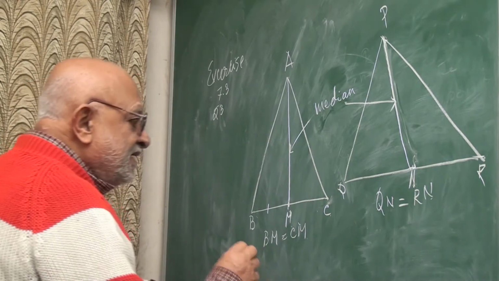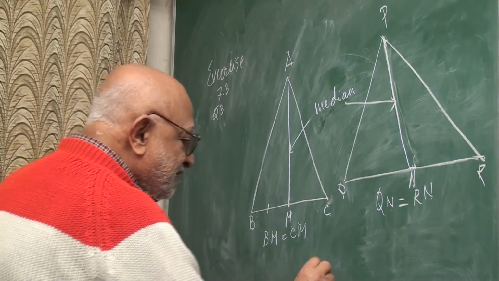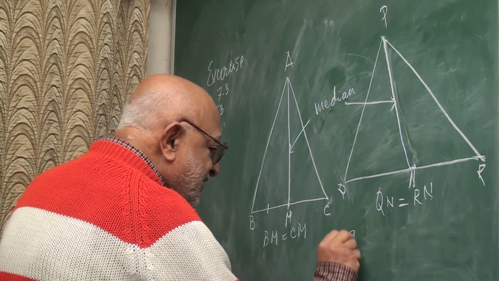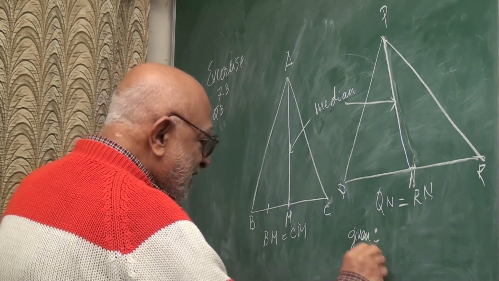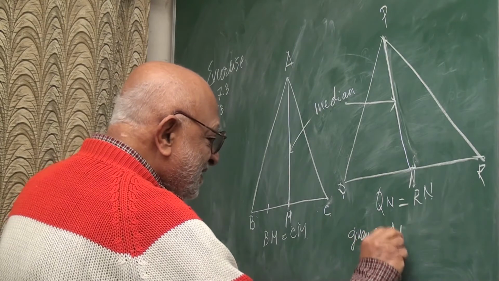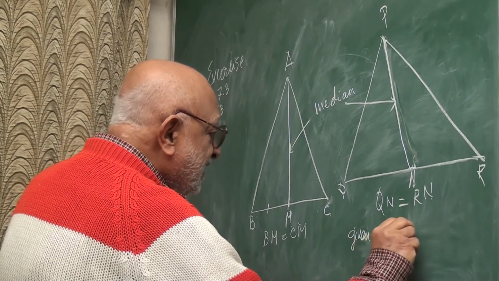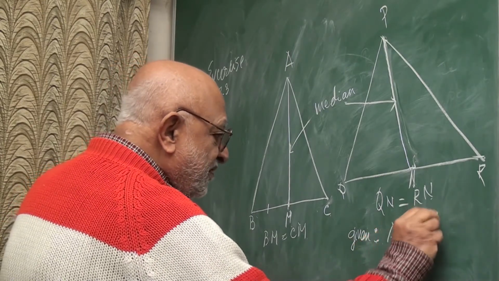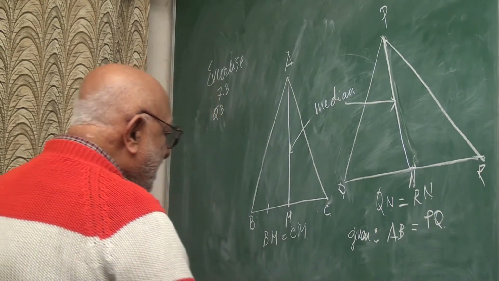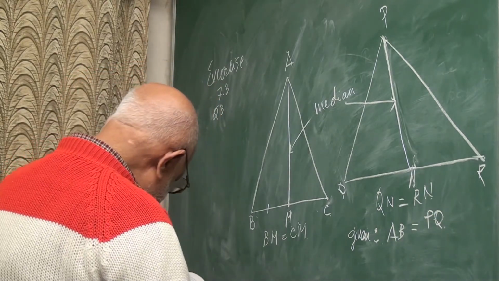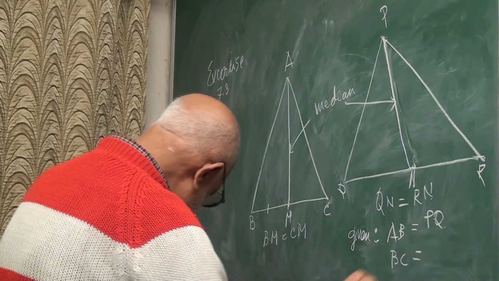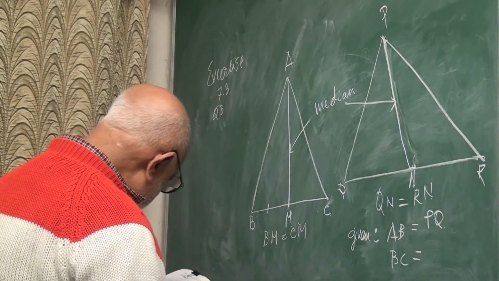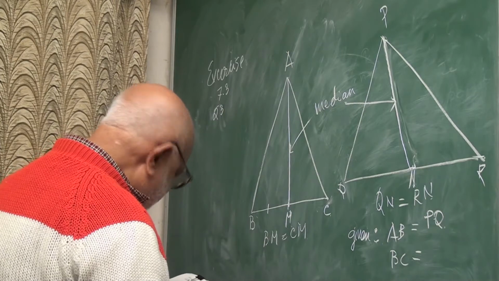So let us write down here given, because this comes before. So what is given here? Given AB is equal to PQ, okay, and BC is equal to QR.